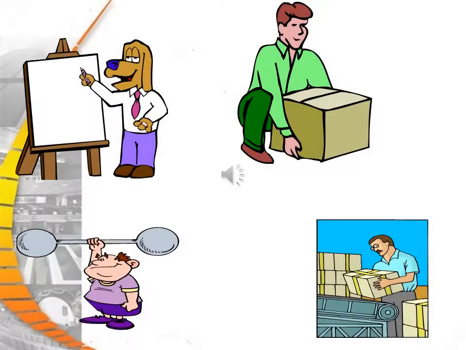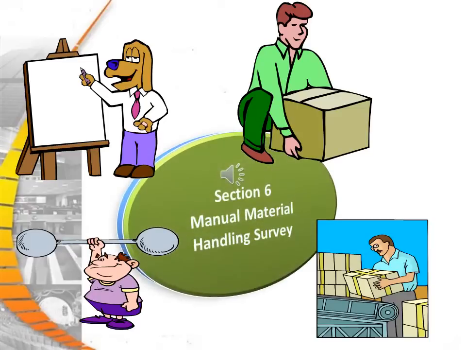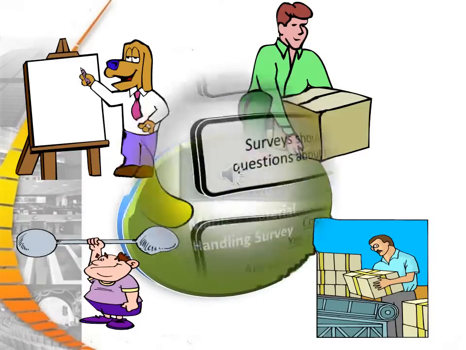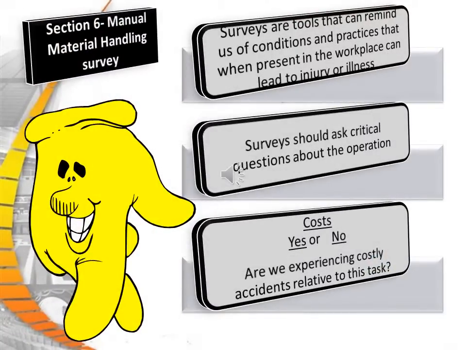Section 6, the Manual Material Handling Survey. Surveys are tools that can remind us of conditions and practices that, when present in the workplace, can lead to injury or illness.